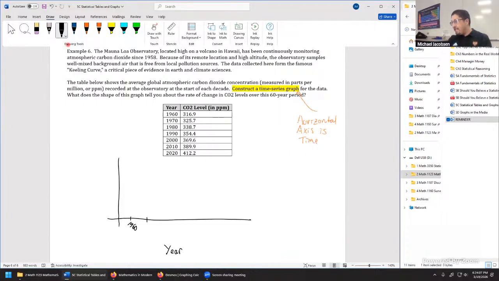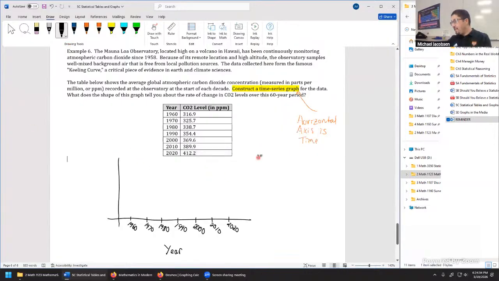Then we're going by the decade, so let's increment to 1970, 1980. Now we're in the 90s. Year 2000, 2010, and the most recent decade measurement, 2020. So here's our data so far.